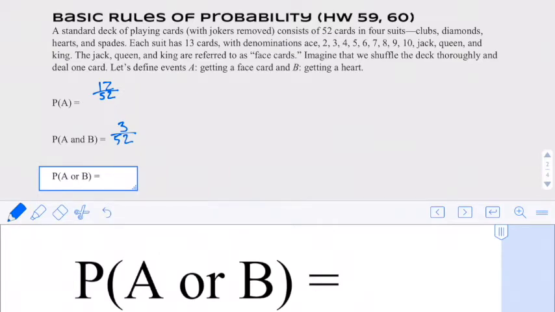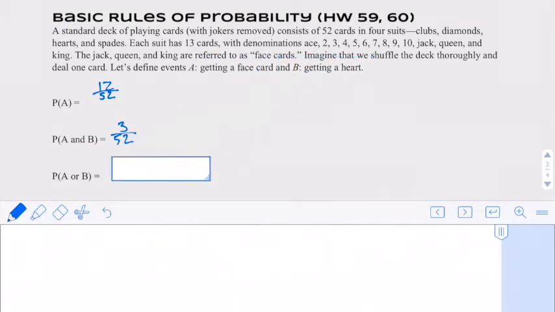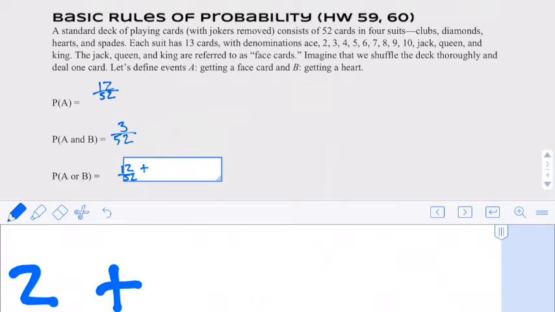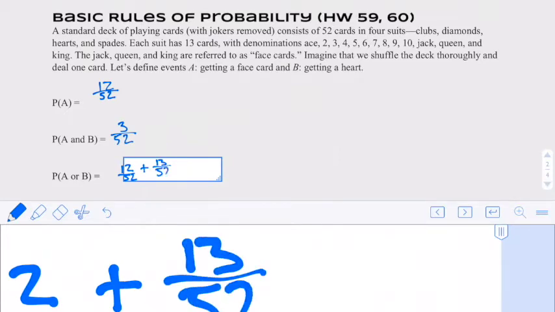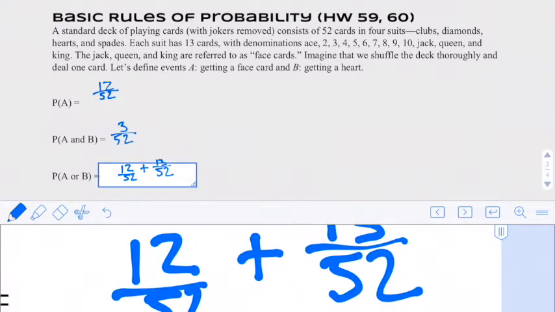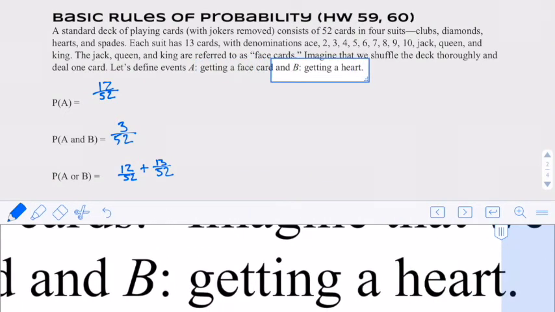This is the probability that you get a face card or you get a heart. Well, there are 12 face cards out of 52, and there are 13 hearts out of 52. But I counted a couple of those things twice, because a couple of those face cards are also hearts.